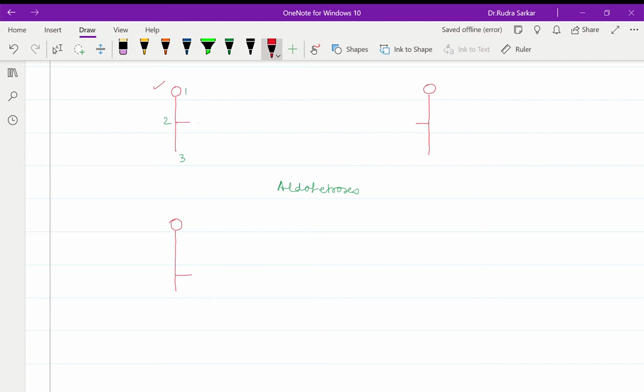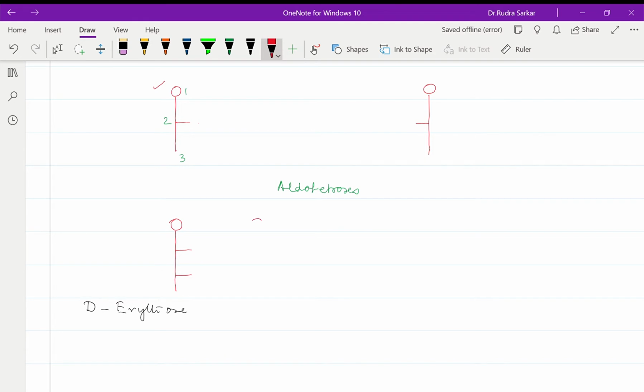And if I write another horizontal line, I can place it on the right hand side or on the left hand side. If I place it on the right hand side, this molecule will be called D-erythrose.